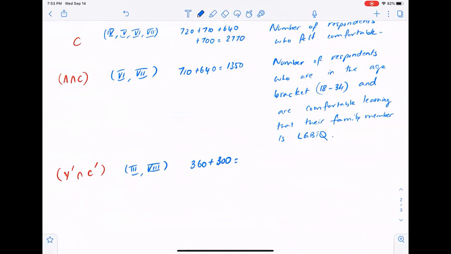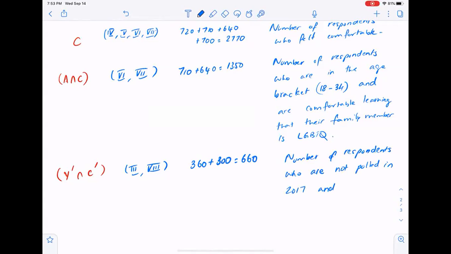We would end up getting 660. This would simply mean the number of respondents who are not polled in 2017 and not comfortable with their family member being part of the LGBT community.